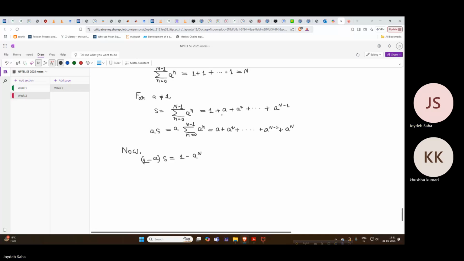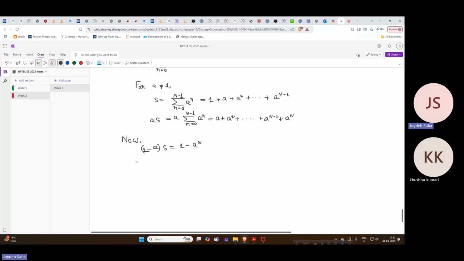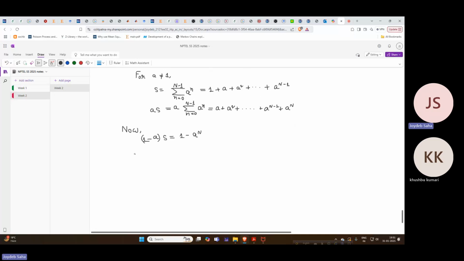How? Because if we subtract this from this, we will get this. So S is equal to 1 minus a to the power n upon 1 minus a.